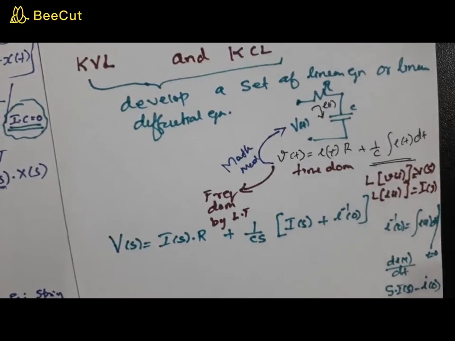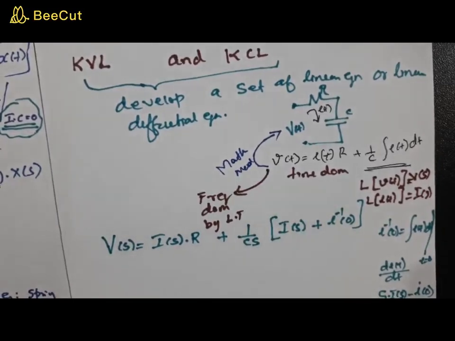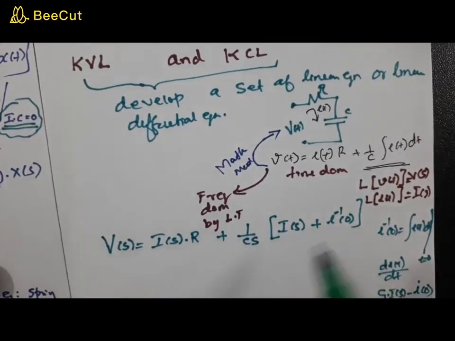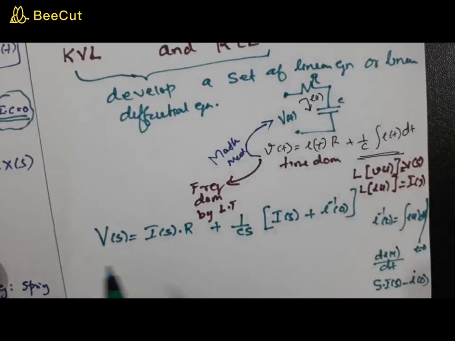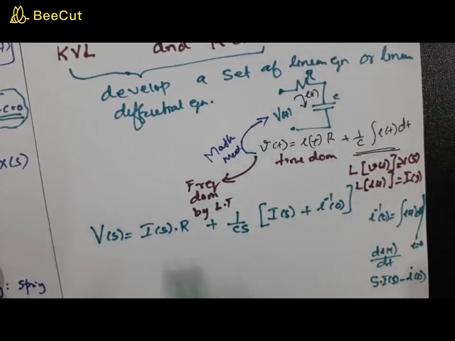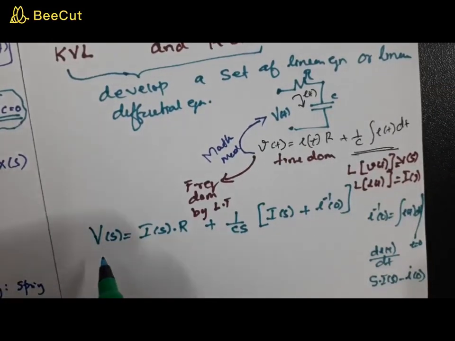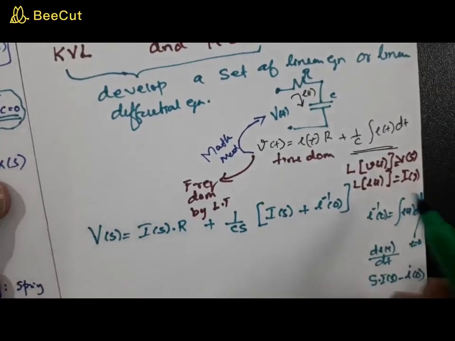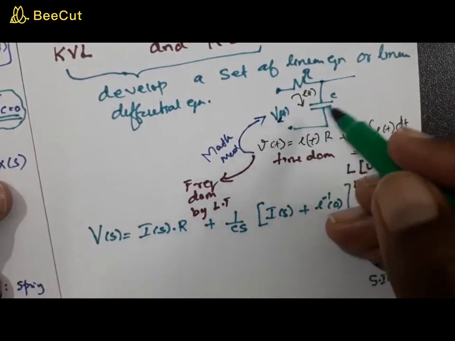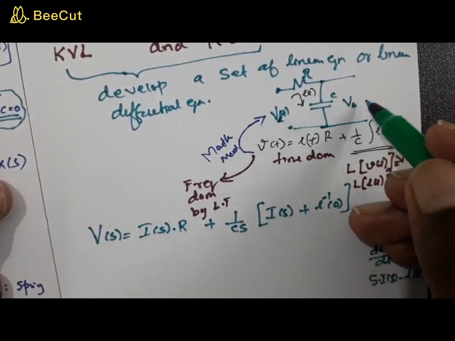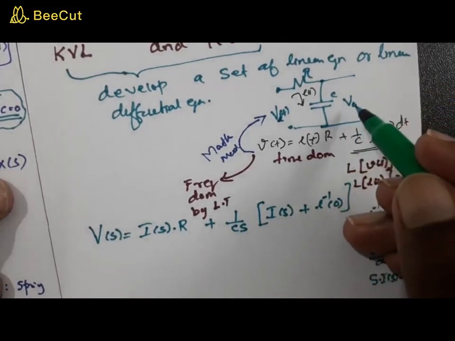Anyway, what is the intention behind developing this transform? You need to get a relationship between the input and the output, right? I'll explain this later when we do some examples. For the meantime, just believe that using this expression you can find it out. Let us call this Vi, and the output across the capacitor Vo. You can also write the equation for V out, right?